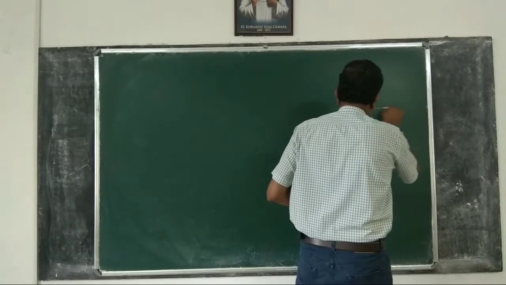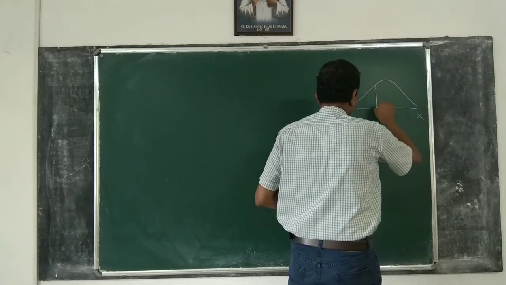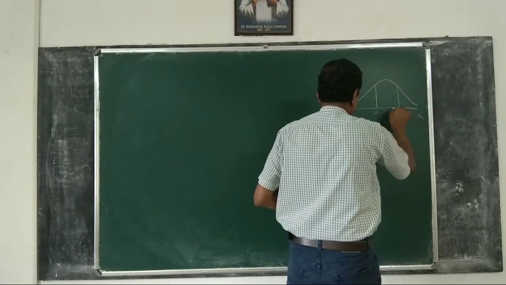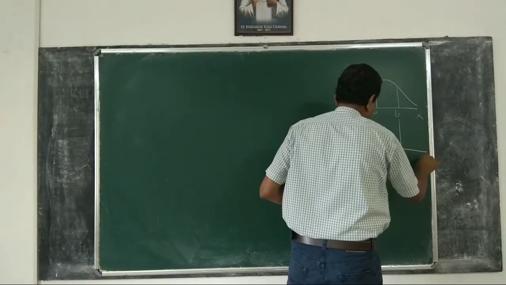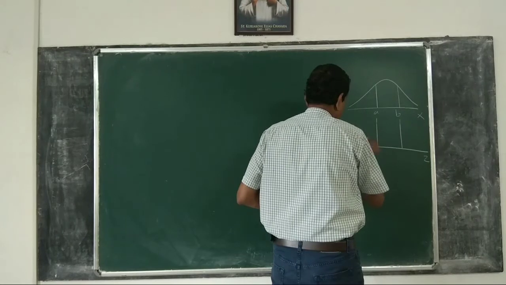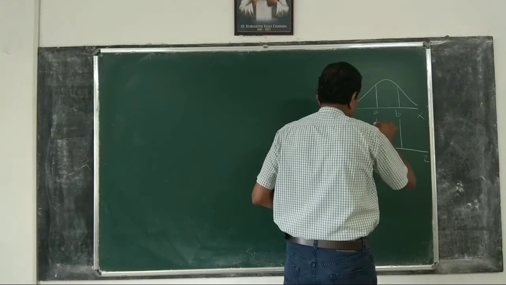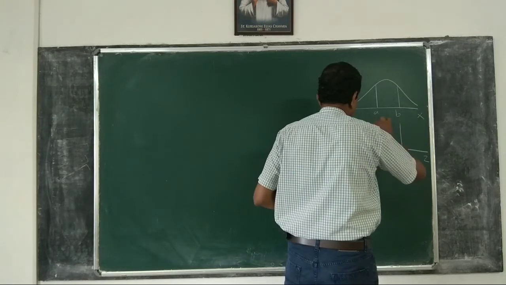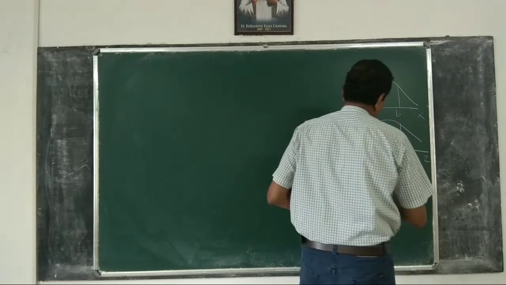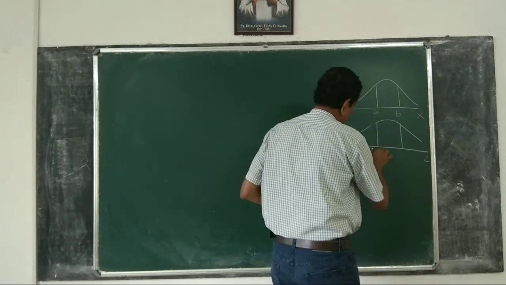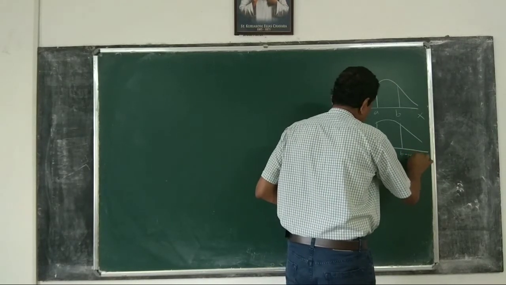So, X between A and B is equal to Z between these two intervals, that is A minus mu by sigma, B minus mu by sigma.